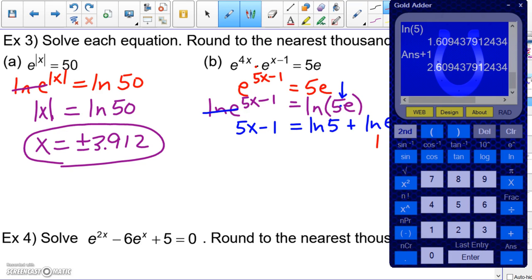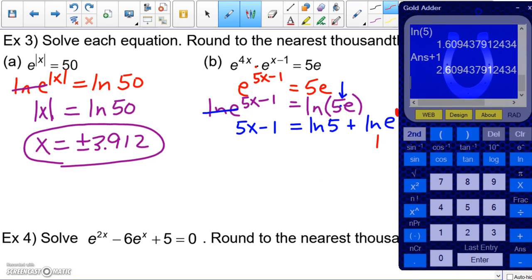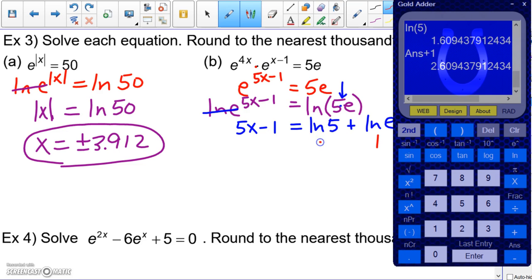So of course we get 1.609 plus 1 is 2.609. 5x minus 1 equals that, and now it's just a simple solve. We're going to do our normal algebra operations.